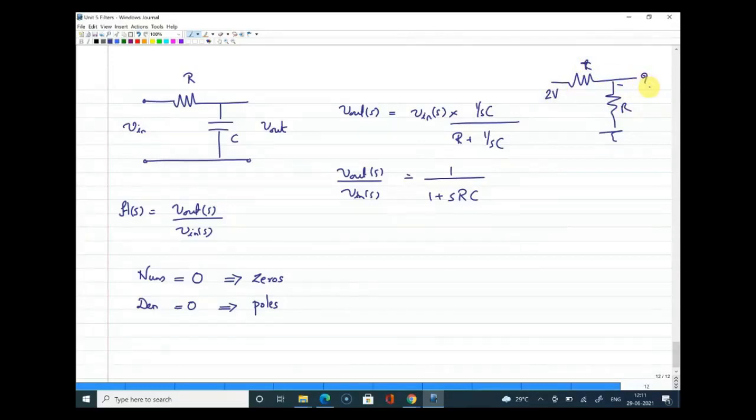This is a voltage division, right? So what will be the voltage at this point? It is 1. Same thing only I have applied here.